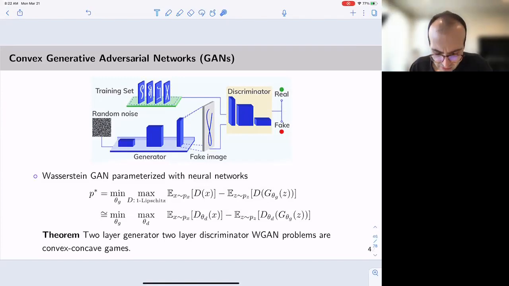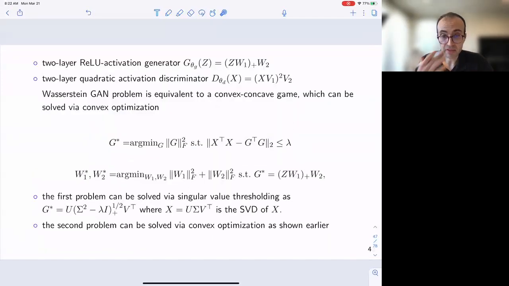It is a non-convex saddle point problem, but the maximization problem, minimization problem, they're both non-convex. But if you actually take our framework and convexify these neural network problems, what you get is a convex concave game, right? And we have much better results for convex concave games. In certain cases, we can solve them exactly, or we can analyze the properties.